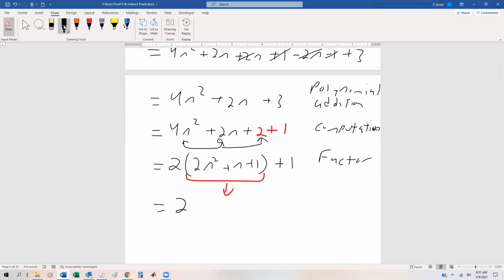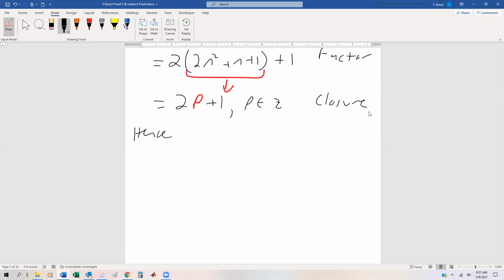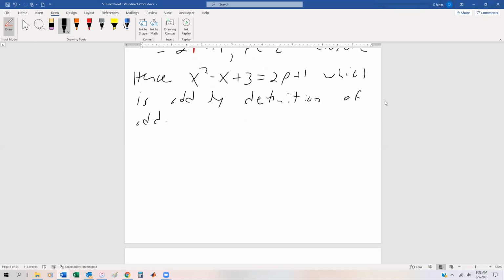Right? So this is going to be equal to 2p plus 1. We know that p is an integer, and that's by closure. Right? And that's the definition of odd. Right? So we can say, hence, x squared minus x plus 3 is equal to 2p plus 1, which is odd by definition of odd.